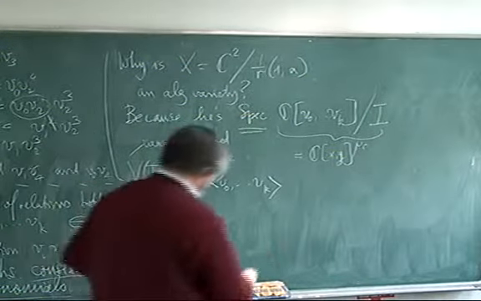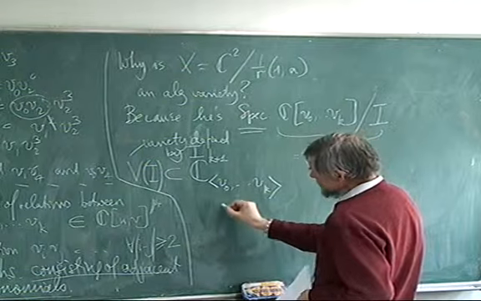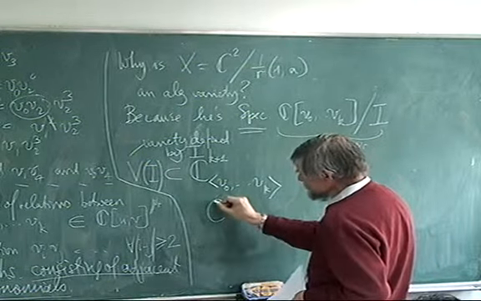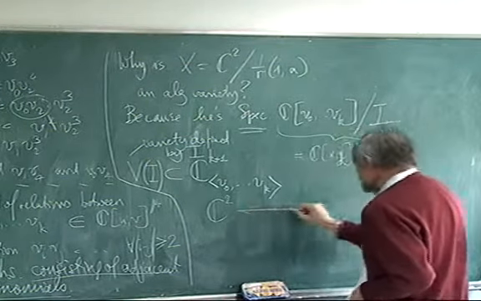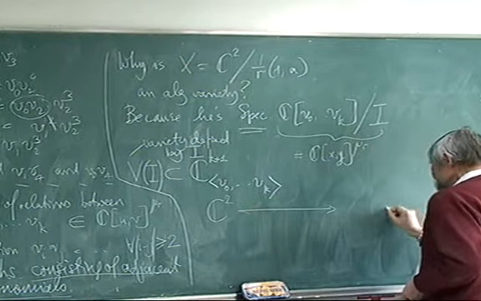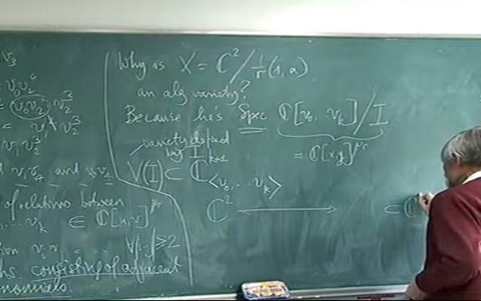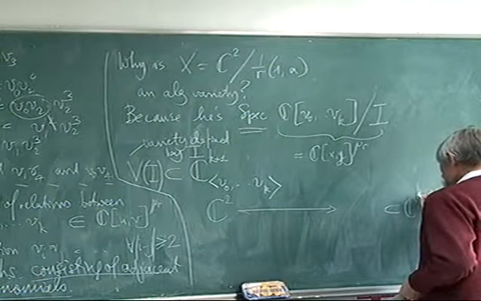So what properties does this have? Let's go back to simple ideas. I take C^2 here, and I can map it to C^(k+1).